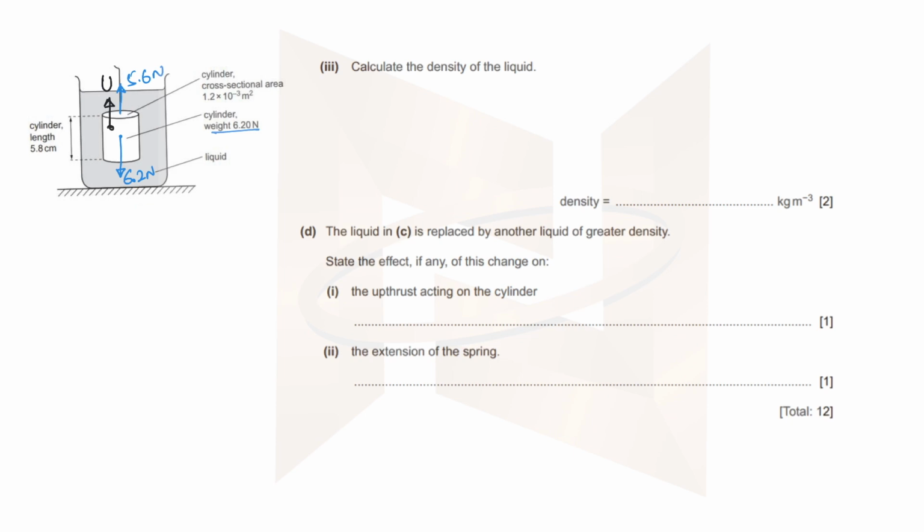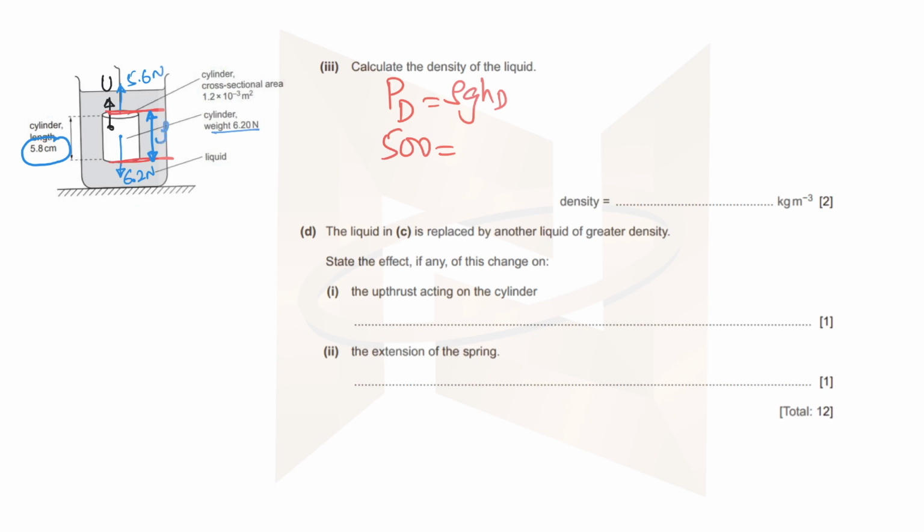Now to calculate the density of the liquid, please try to relate it with the previous part, which is pressure difference is equal to rho g into height difference. Now you calculated the pressure difference between the top and the bottom surface, and that pressure difference turned out to be 500 pascals, which is equal to, now please try to imagine this, that in this height of 5.8 centimeters, the liquid density was rho.